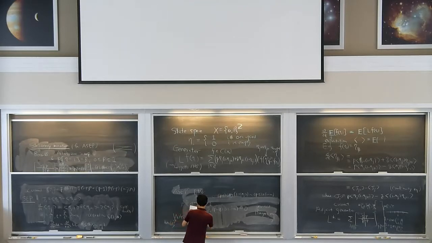To see that, maybe we can try to rewrite this average current in a slightly different way, as a combination of the SEP case and the ASEP case. So when p is equal to q, this is 0, so this gives you the SEP case.